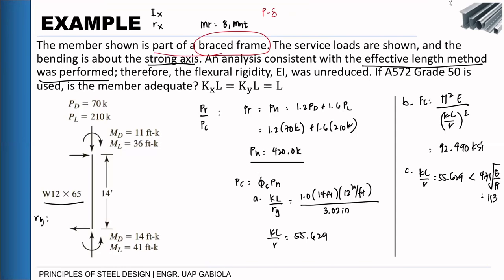Since it is less than that, we are not slender, only intermediate. So Fcr equals 0.658 raised to Fy over Fe, multiplied by Fy.